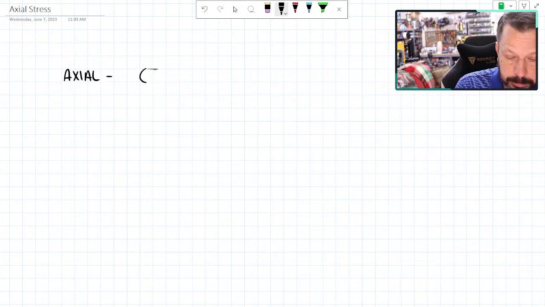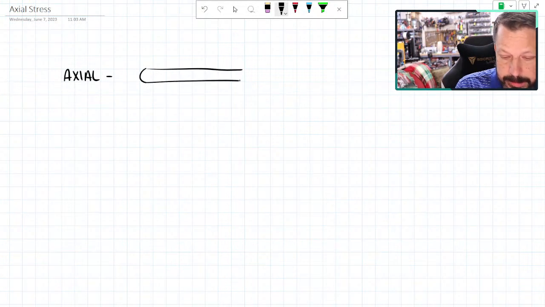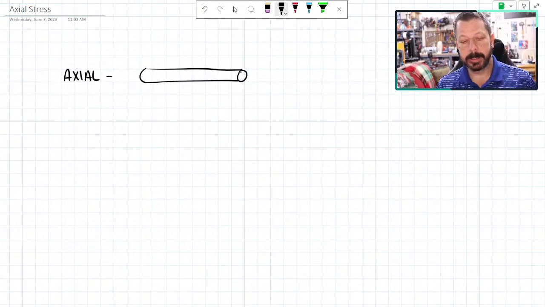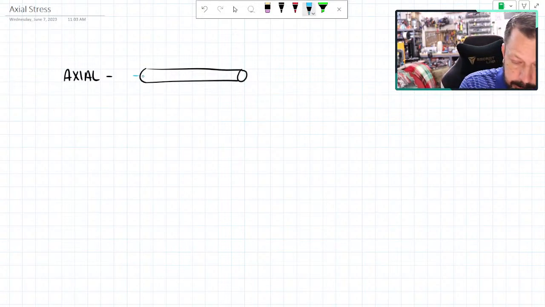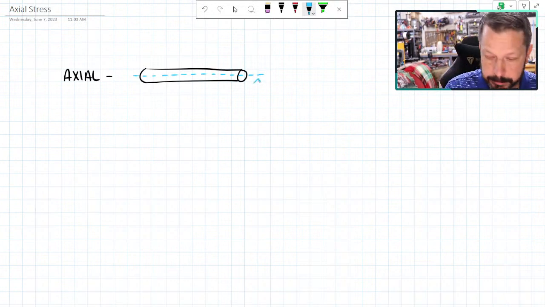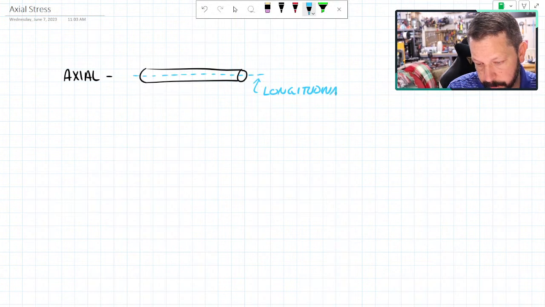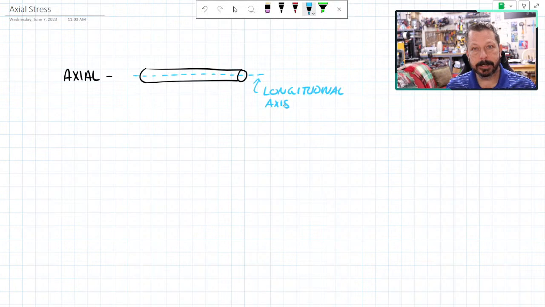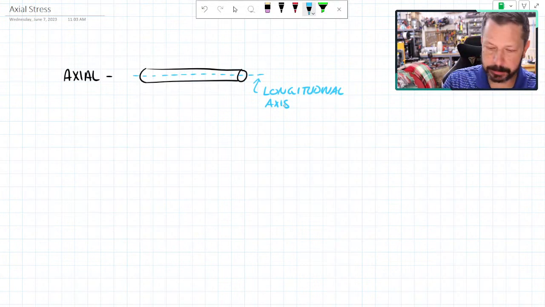You had like a rope. Well, this is more like a rod, I guess, because I'm not going to draw a rope. It definitely has a longitudinal axis like that, right? So definitely has an axis. It doesn't have to be a longitudinal axis, but it makes more sense for what we're doing most of the time. So longitudinal axis. And the axial force would be on that axis.